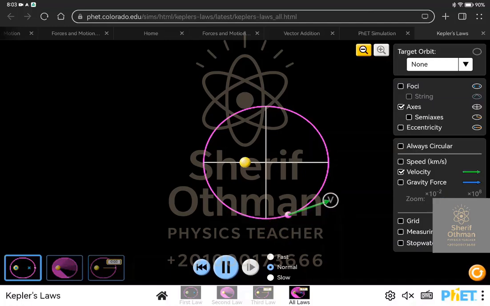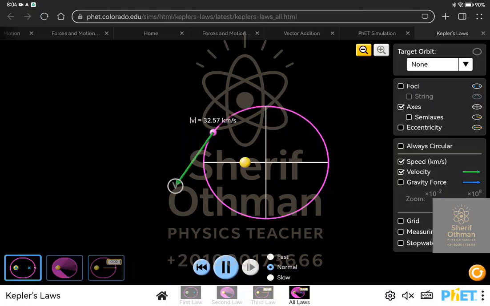As the radius or the axis length increases, the planet moves slower, to avoid escaping from the orbit. As it moves close to the sun, its speed increases to avoid moving towards the sun.